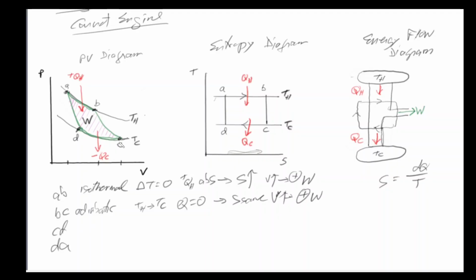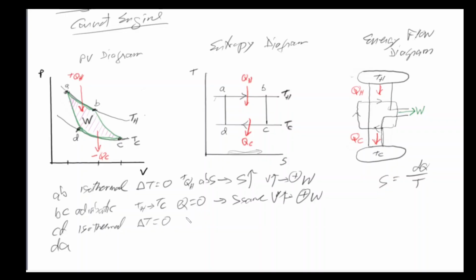Now let's look at C to D. That again is going along the isotherm TC, cold temperature. So that's isothermal. Delta T equals 0. And in this case, you can see that we're losing energy in the form of heat.